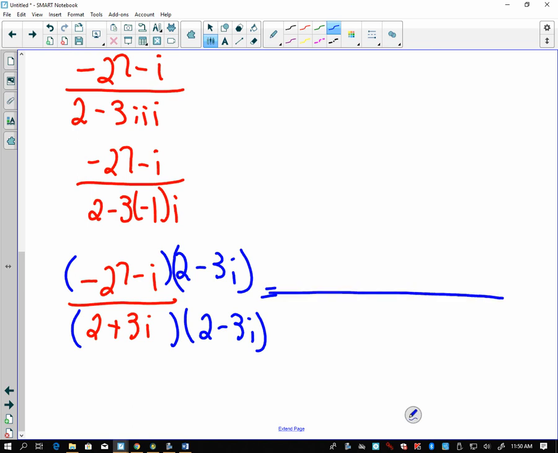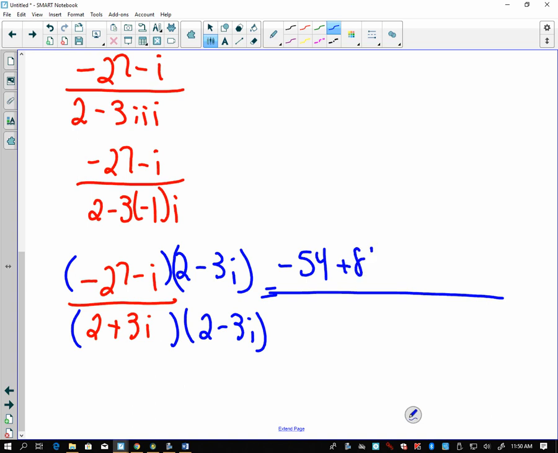So negative 27 times 2 is negative 54. Negative 27 times negative 3. This is where I'm going to grab a calculator for this. Negative 27 times negative 3 comes out as positive 81i.